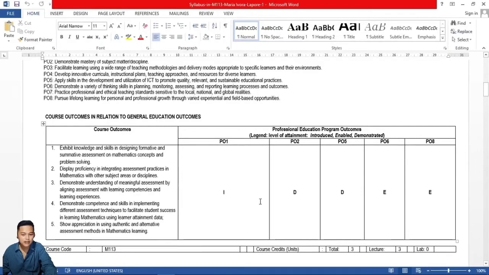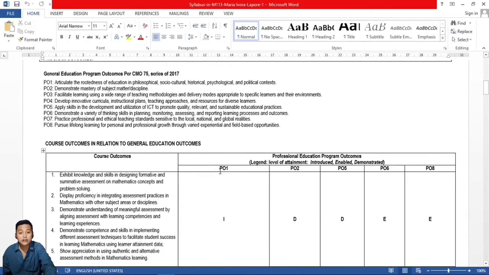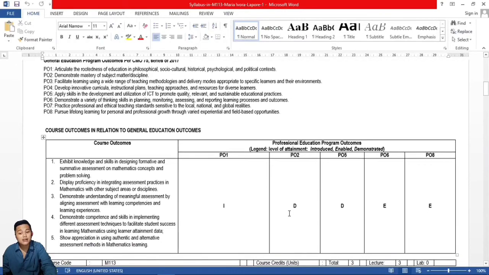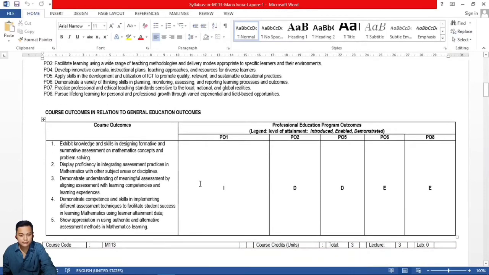I hope everyone understood. Let us remember the steps: start with the matrix, and second, use a competency skill or indicators to identify the expected learning outcome for the students.